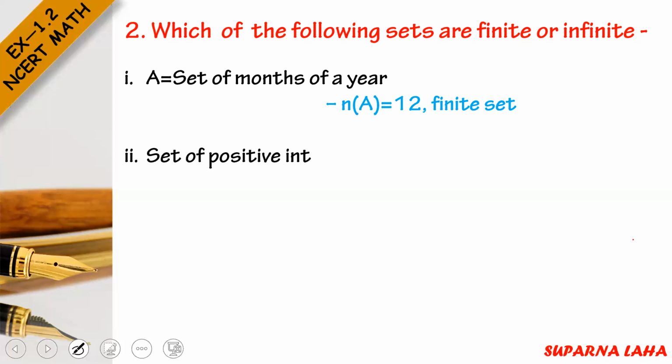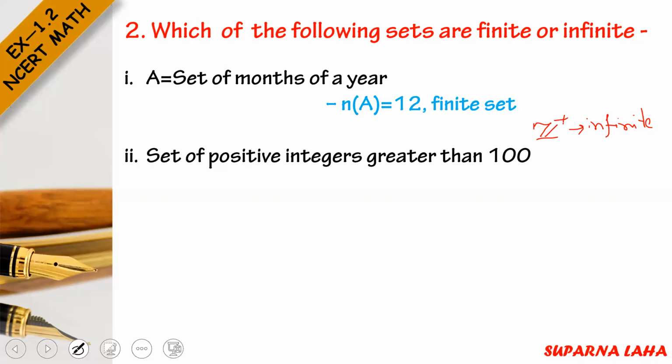Now set of positive integers greater than 100. So we know that the set of integers, that is Z, is an infinite set. Here it is given positive integers, so Z plus. Z plus is an infinite set.